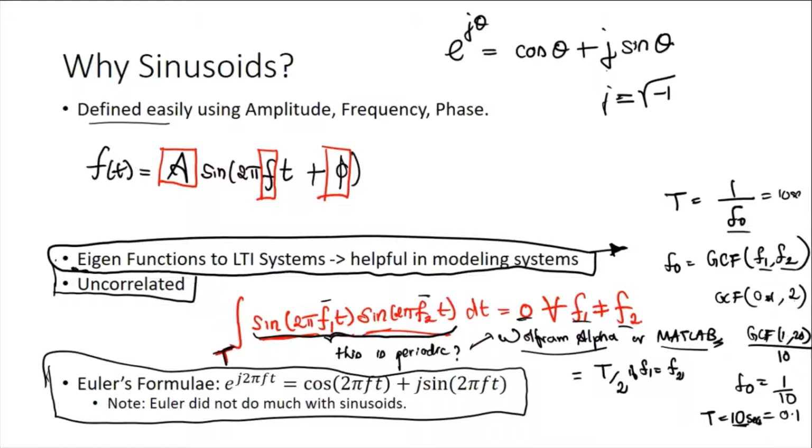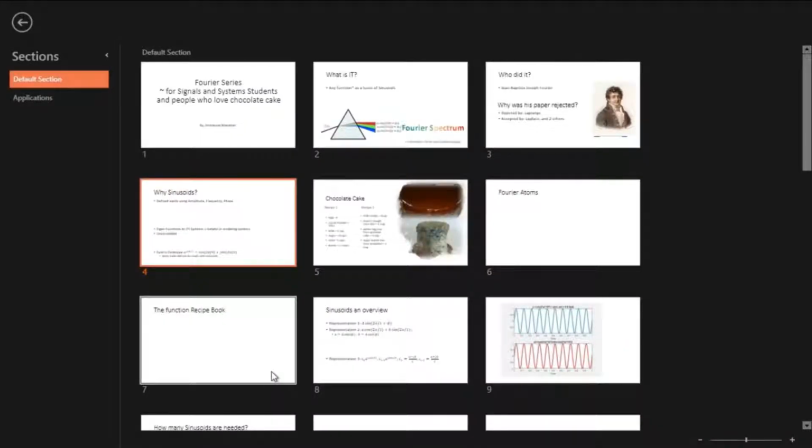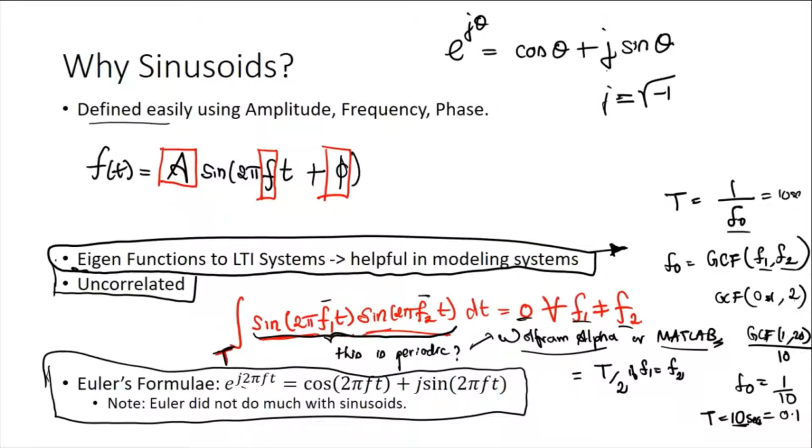Here theta is just 2 pi times f times t, so you get cos 2 pi f t plus j sine 2 pi f t. All right, let's keep going. This is just Euler's formula, but the main reason why sinusoids became so important is because of these two properties. One is that they are eigenfunctions of linear time invariant systems, and the second is that they are uncorrelated.